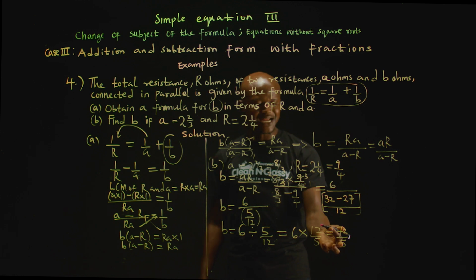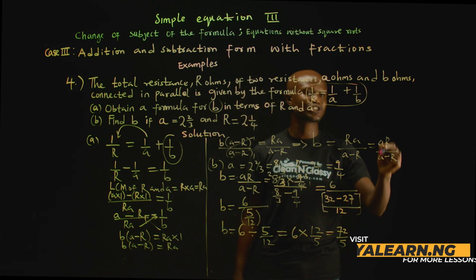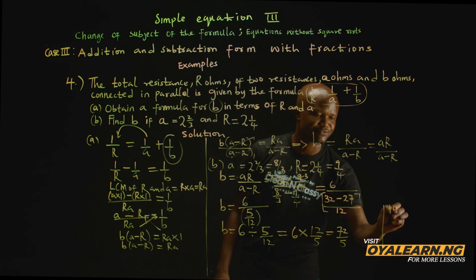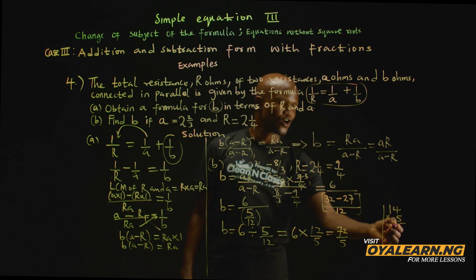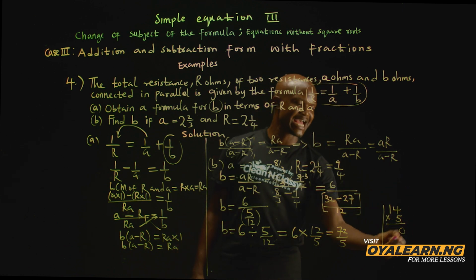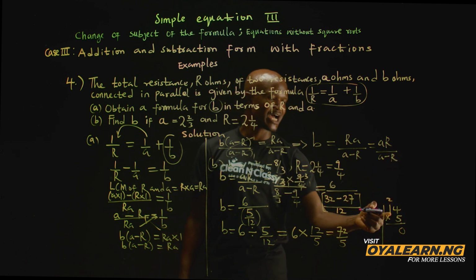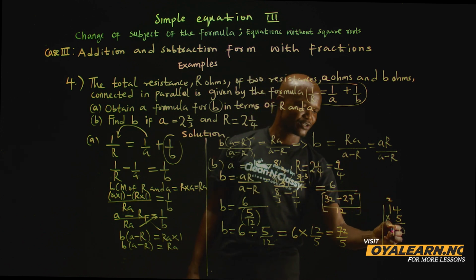Now, how many 5s will you see in 72? That should be 14. Let me multiply out 14 times 5. 5 times 4 is 20, we write 0 and carry 2. 5 times 1 is 5, plus 2 is 7.